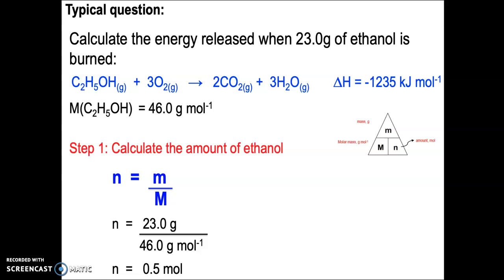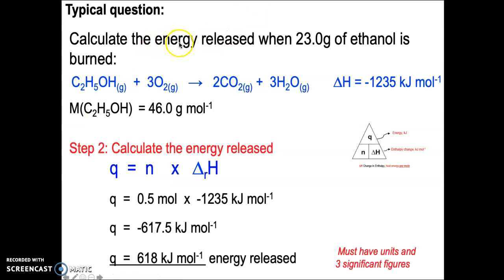Then you're into step 2. So calculating the energy, you'll need to recall this equation. Q equals the amount, which we just calculated to be 0.5, times the enthalpy change. Now, this won't be clear for a while yet, but the equation they gave us is 1 mole of ethanol up here.